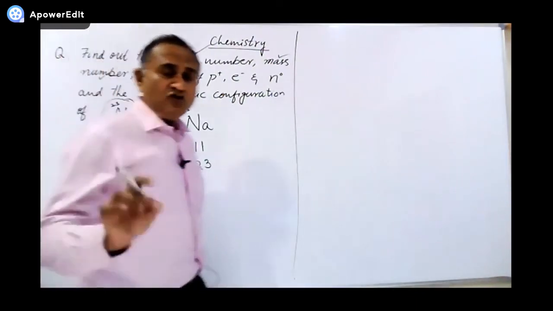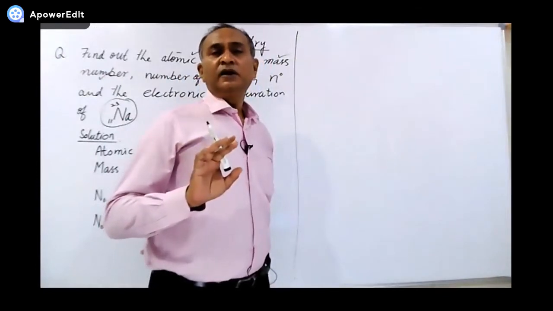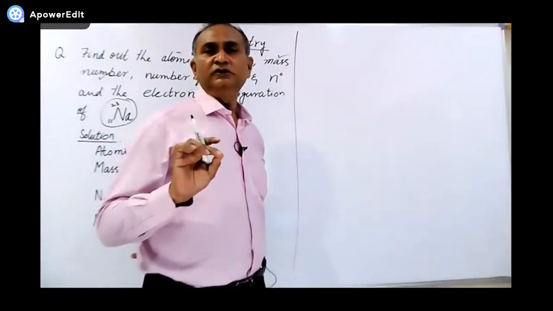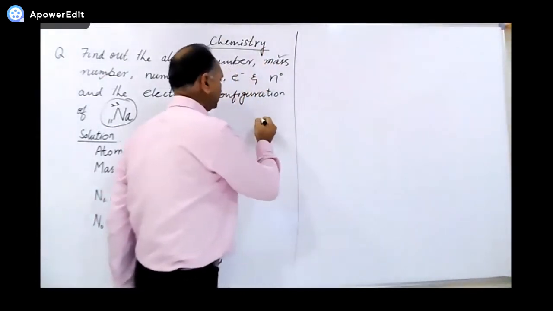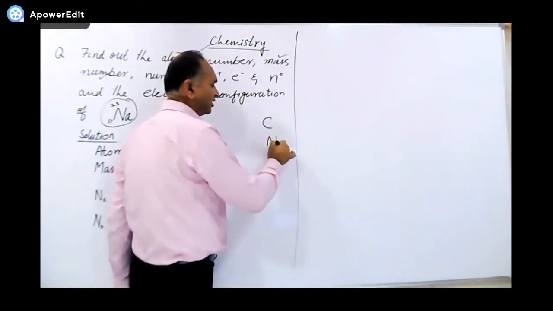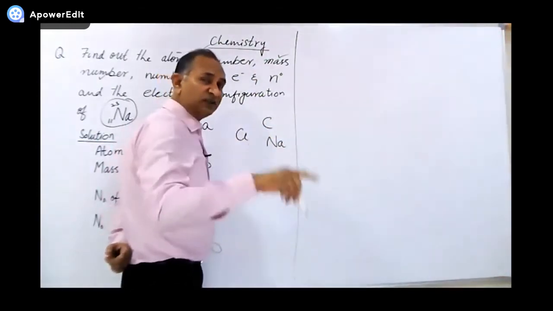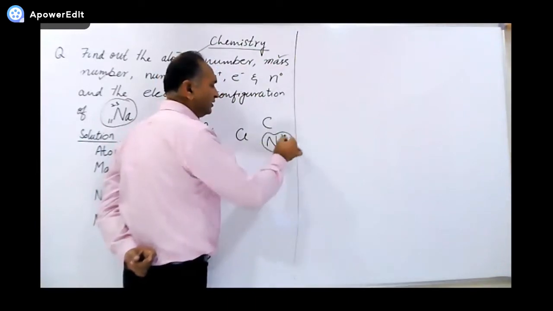that a neutral atom, what do you mean by neutral atom? Neutral atom means there is no charge on that atom. For example, this is neutral. This is neutral. This is neutral. This is neutral. But if you see a charge on it like this, it will not be neutral.